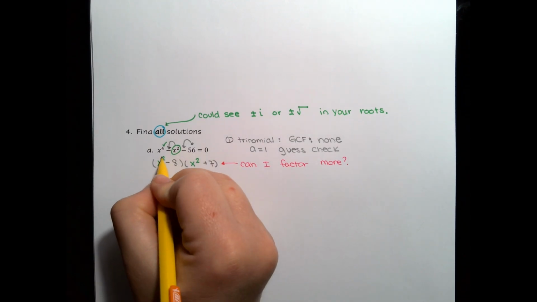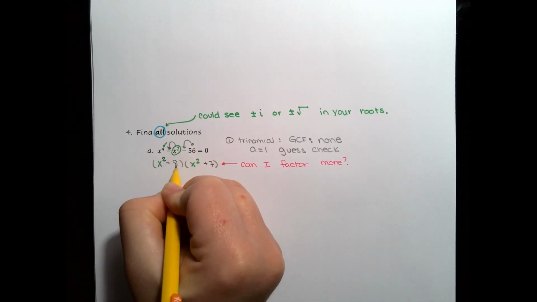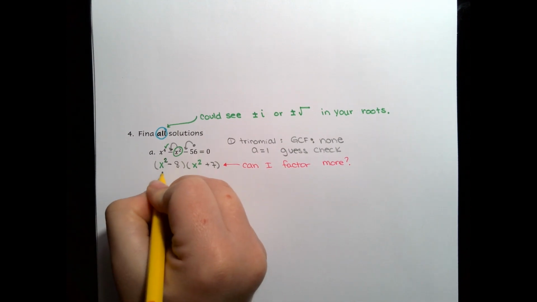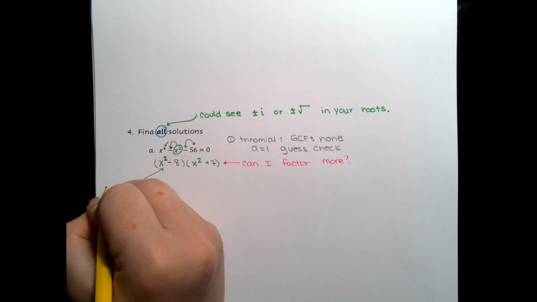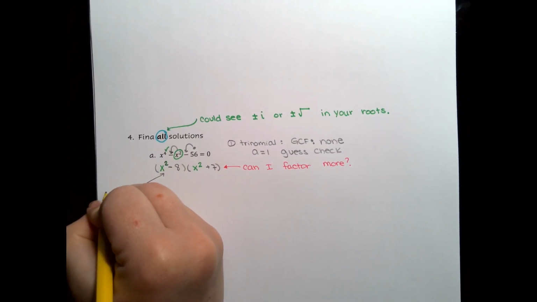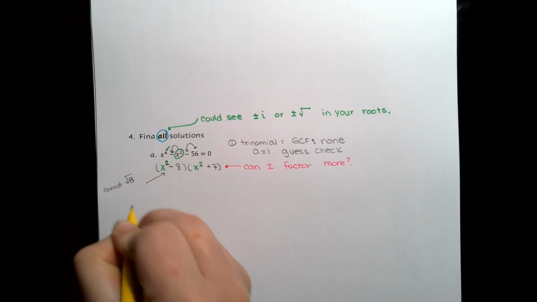So here I have a minus, I have a squared, and I have an 8. So this one is unfactorable. The reason is this is a quadratic binomial, meaning there's an exponent of 2. So I cannot take the square root of 8. So this one's done.